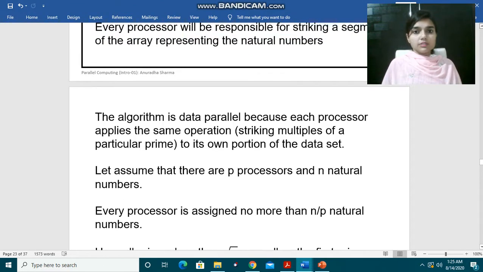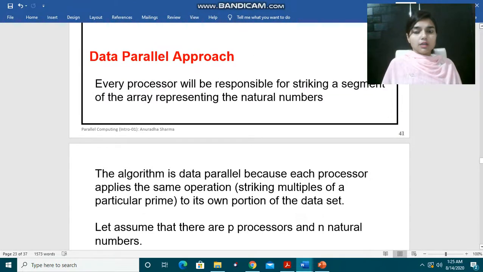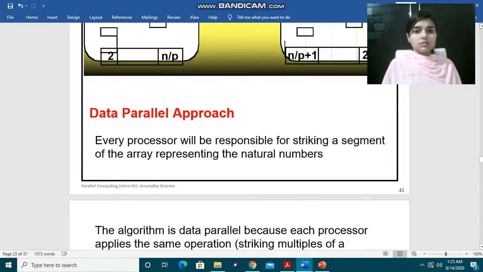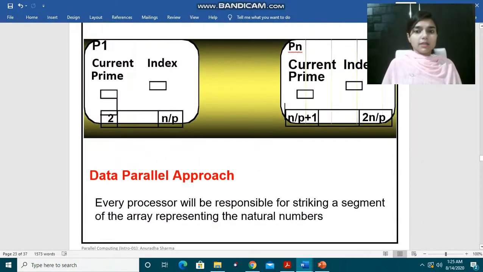And we will see how this data parallel approach can be used to compute this prime finding algorithm. Data parallel approach means we are working in an environment where we have more than one processor.